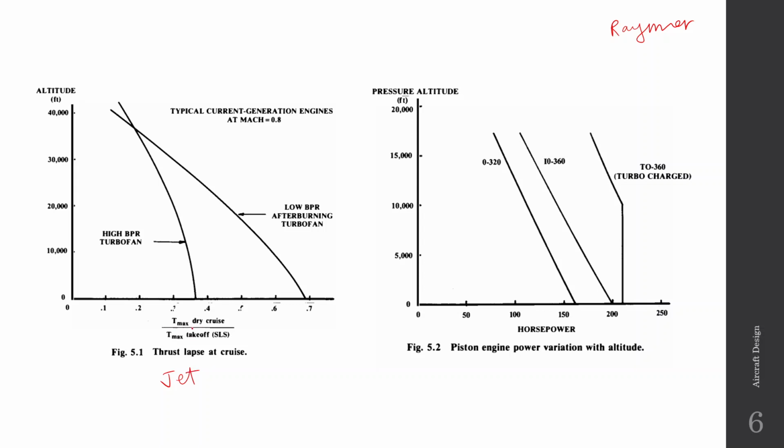This is T, thrust at the altitude, by the takeoff thrust. You can see it is a fraction 0.1, 0.2, 0.3 up to 0.7, and in the y-axis we have the altitude. You can see that with altitude the thrust decreases for both kinds of engines.